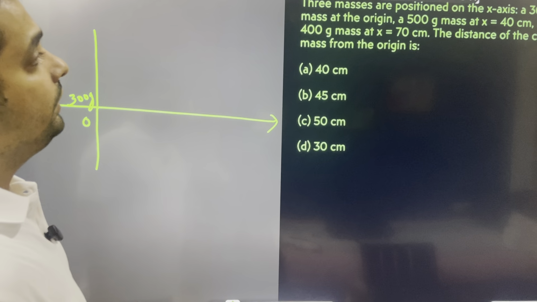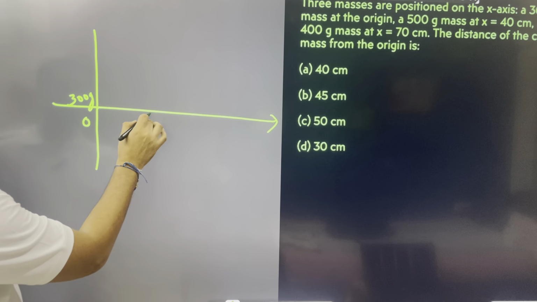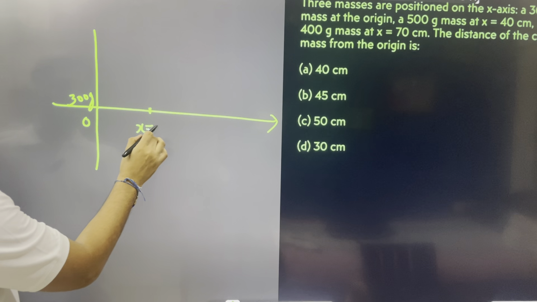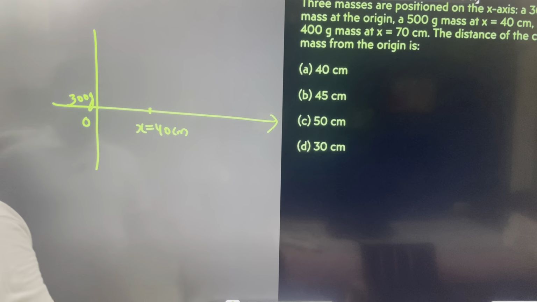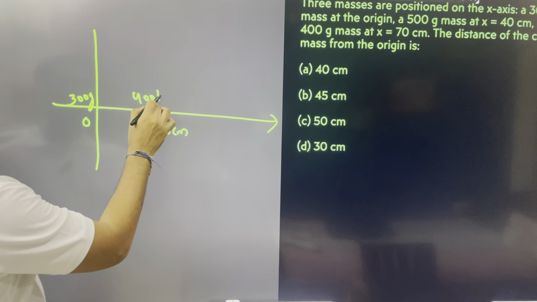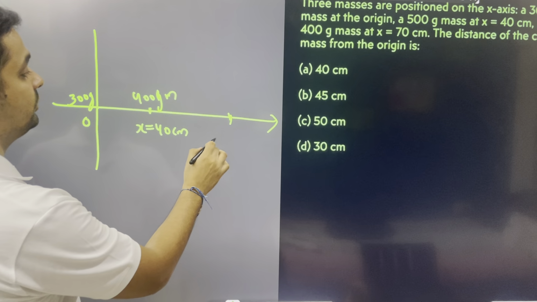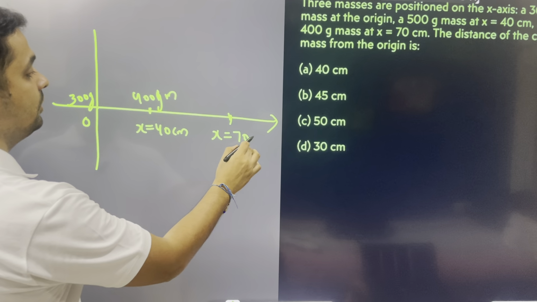Now the next particle, 500 gram at x equals 40 centimeter. So here at x equals 40 centimeter, we consider the 500 gram mass. Next is at x equals 70 centimeter.